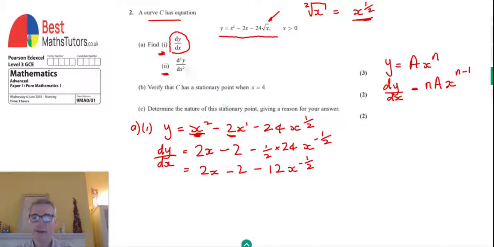Then the second bit is just saying differentiate again. So this is finding the second differential. Whatever we got for dy dx, we're just going to differentiate again. If we do that, we're going to get d2y dx squared.